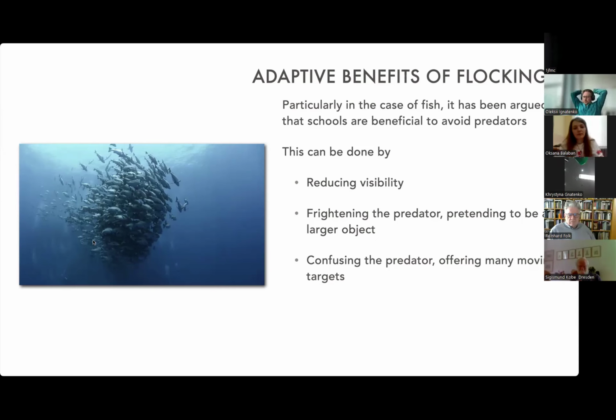And also, when they are attacked, they can confuse the predator, offering many moving targets at the same time. Maybe some of them will be eaten, but for the majority, if you are in company with a lot of others just running, your chances of being eaten are smaller than if you are just being chased by your predator.